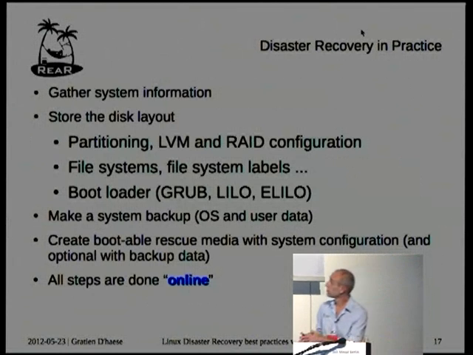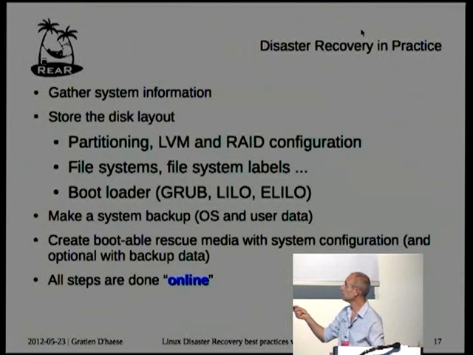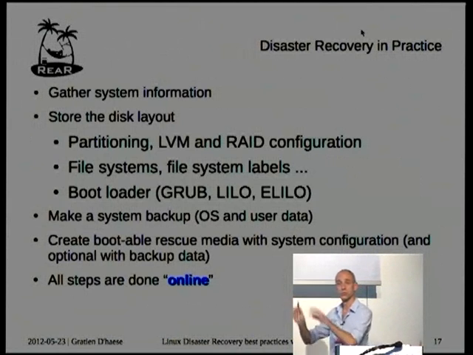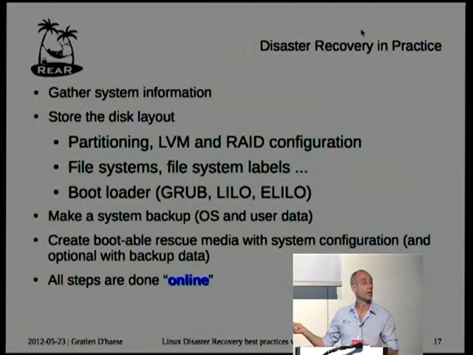Then we make a backup or a rescue image. We create a bootable rescue medium, and it will be copied to the remote location, which is defined in the backup URL. And most important, it's all done online. So you don't have to go offline. You can do it on the production system, in the background, in cron, whatever, and it works. And you can do it as often as you want.